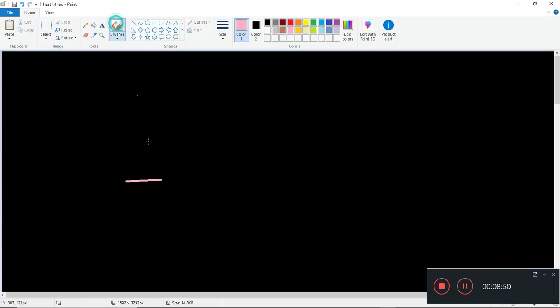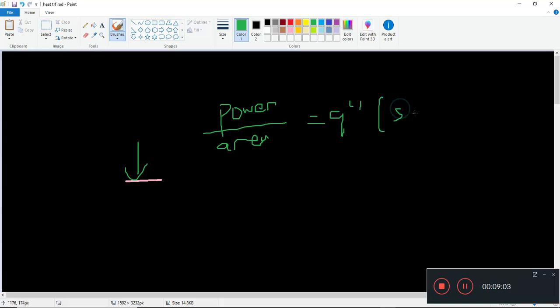So remember, what we are interested in calculating ultimately is the power per unit area, and that is the heat flux, right? It's a scalar quantity. However, if we want to do divergence, this heat flux has to be a vector.